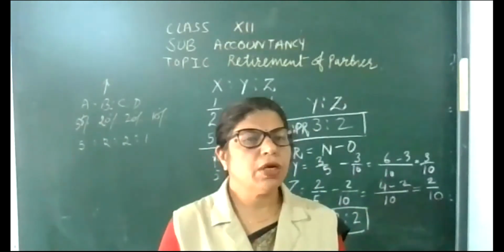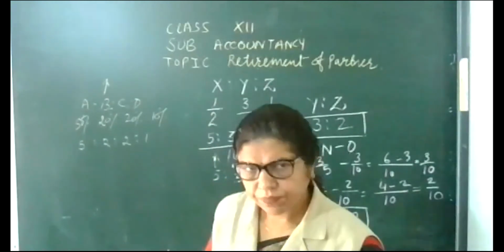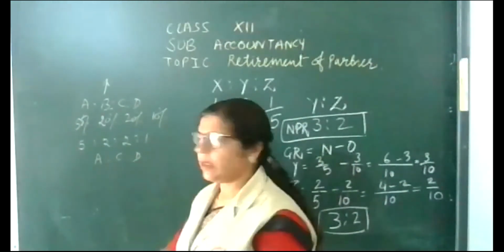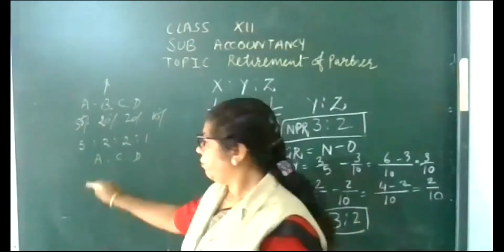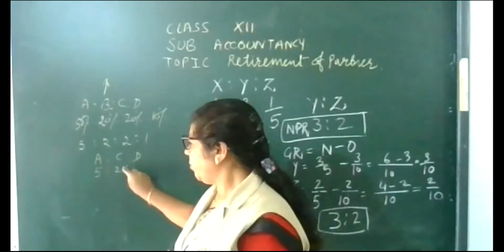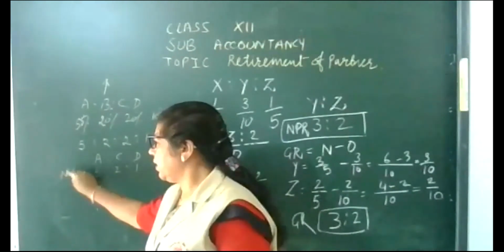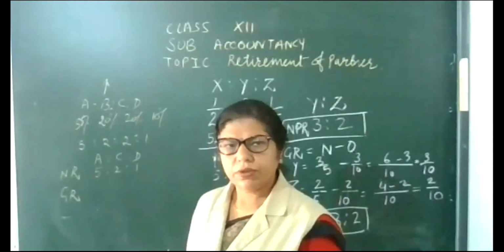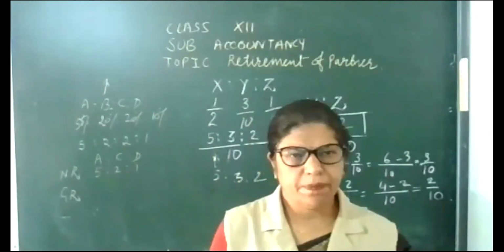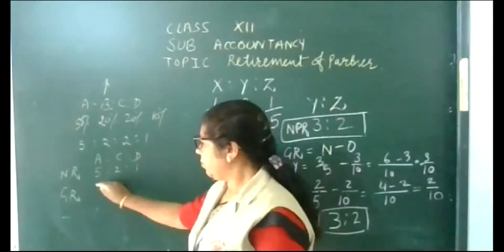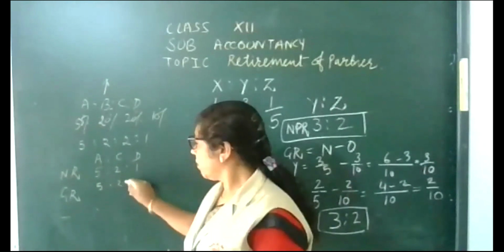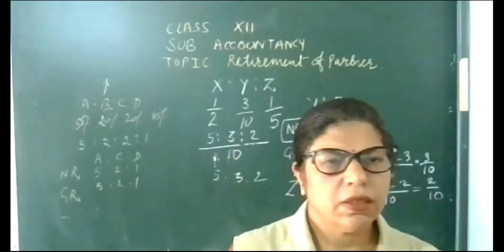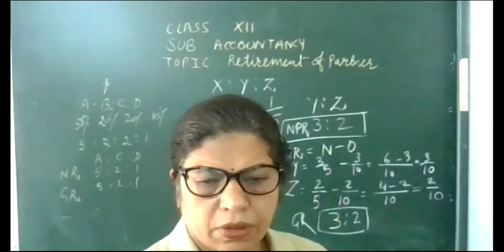B. Who are the remaining partners? A, C, D, with 5, 2, 1. This is their new ratio. This is their gaining ratio. Okay. Clear? I'm sure you must have understood.